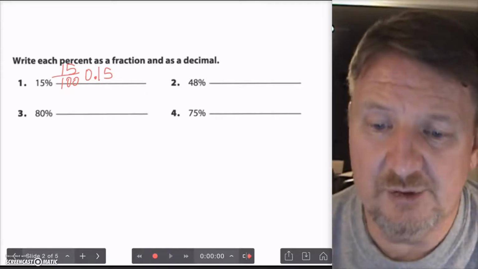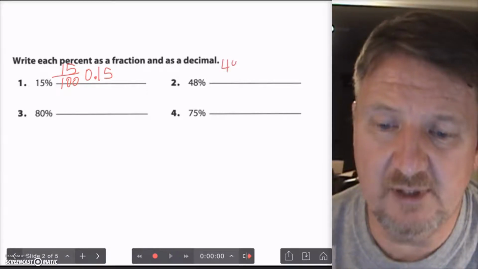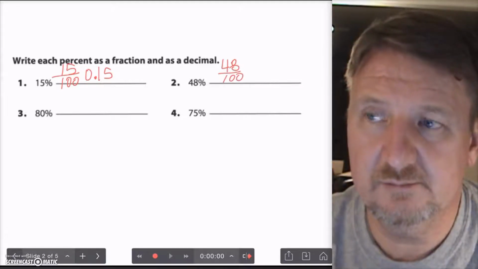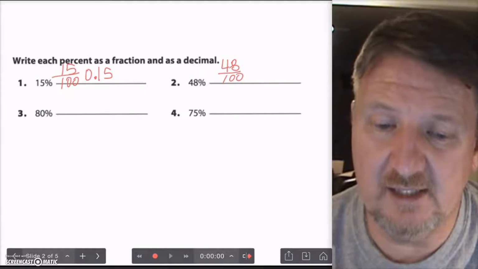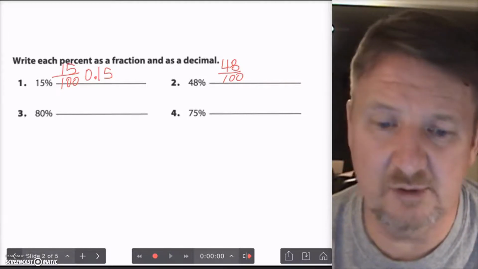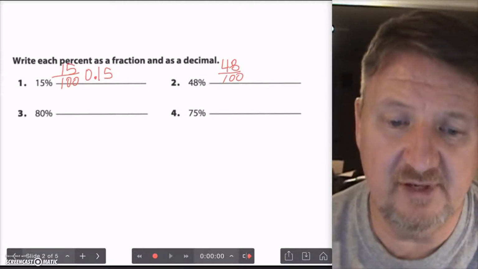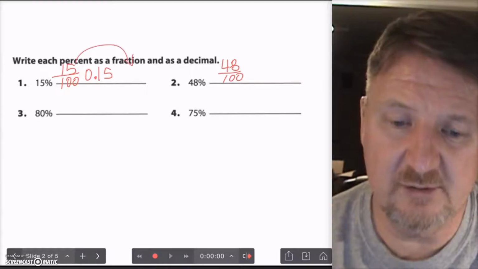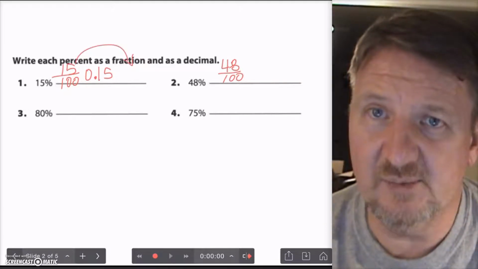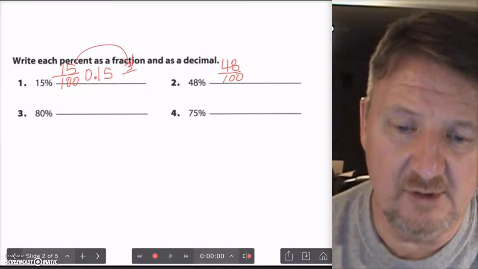Number 2, 48%. Once again, 48 per 100. I'm not simplifying these, I'm just doing it really quick. But I could simplify. Let me just simplify this over here real quick. I can divide both of these by 5, and that'll give me 3/20.